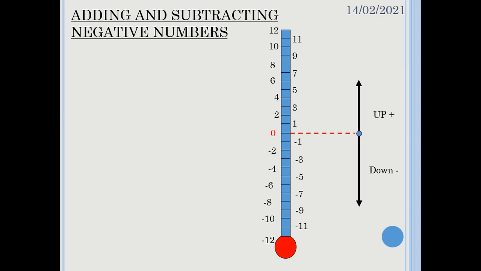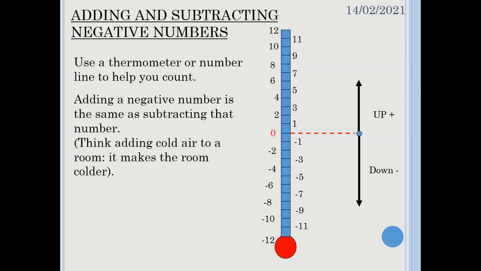Sometimes we might not talk about temperatures, and we might just talk about generally adding or subtracting negative numbers, which we'll come on to eventually. Adding a negative number is the same as subtracting that number. Okay.